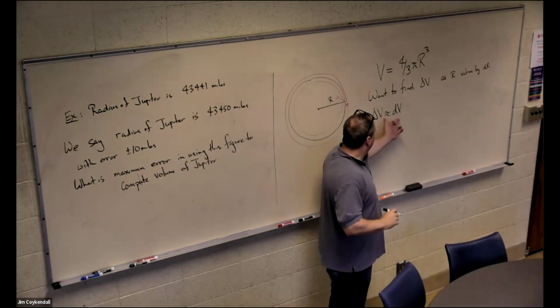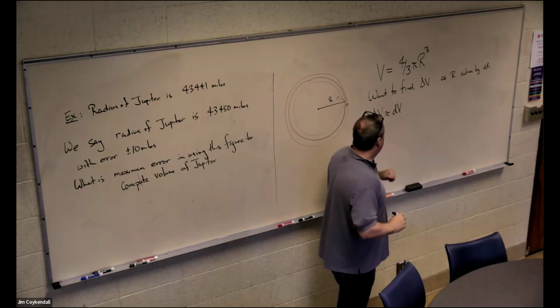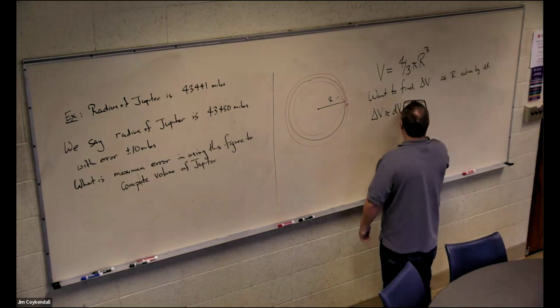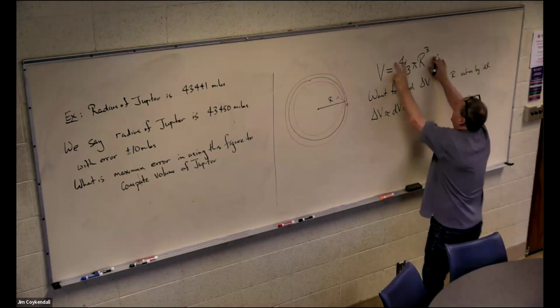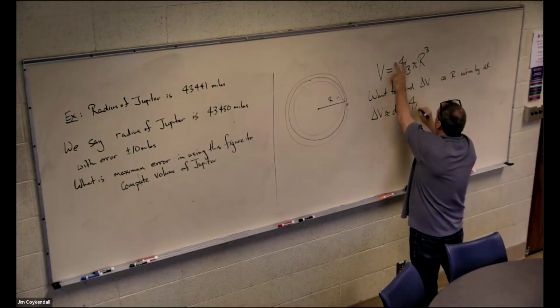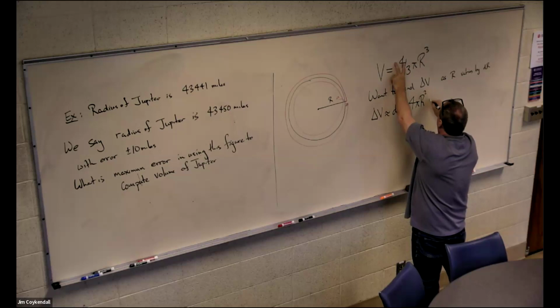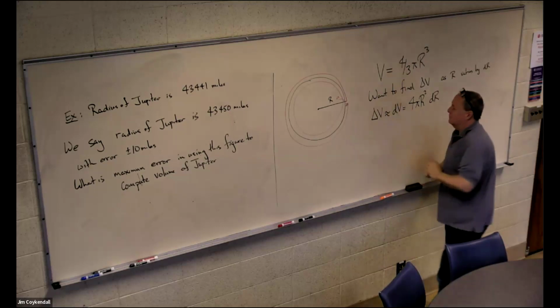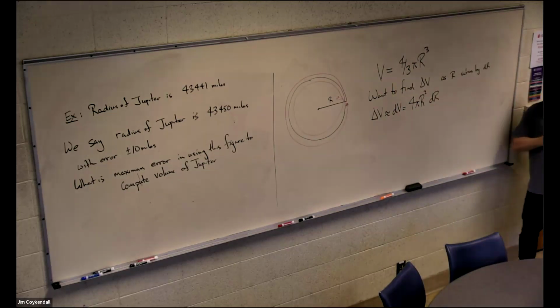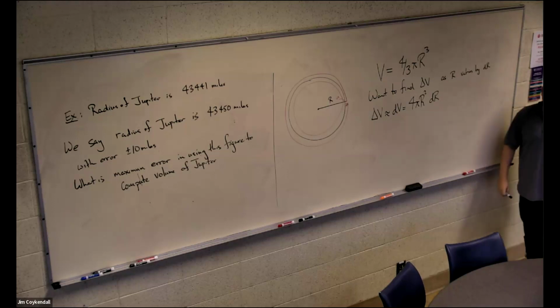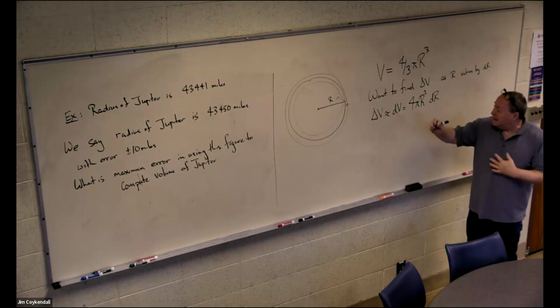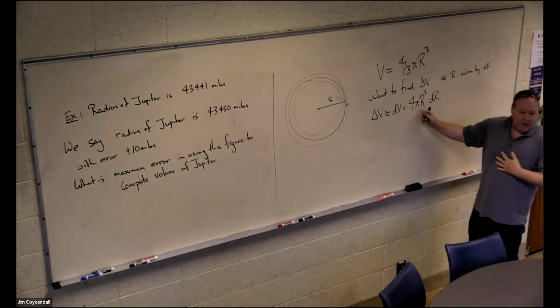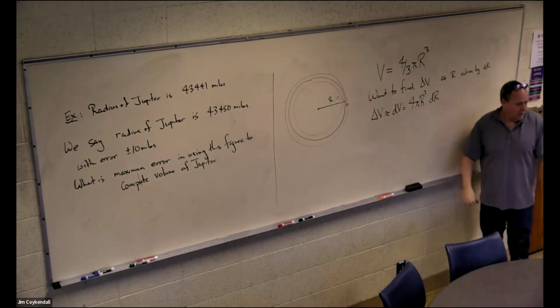I'm going to use this approximation: this is approximately dV, and dV is the derivative of this times dr. Everybody see how I got that? This is just like dy equals f prime of x times dx. My dV is the derivative here times dr.